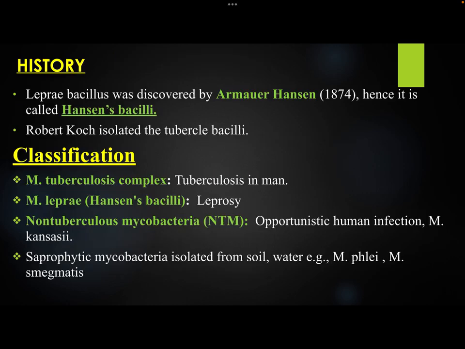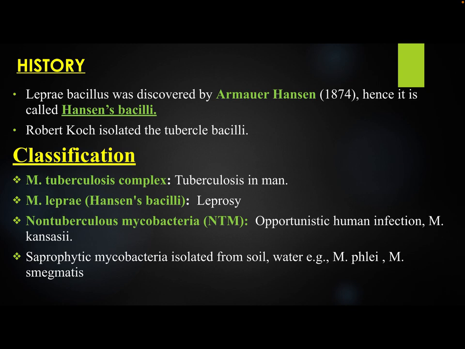Coming to the history, Mycobacterium leprae was discovered by Armauer Hansen, hence it is called Hansen's bacillus. Robert Koch isolated the tubercle bacillus, that is Mycobacterium tuberculosis. Coming to the classification, Mycobacterium tuberculosis comes under the Mycobacterium tuberculosis complex, and it causes tuberculosis in man.